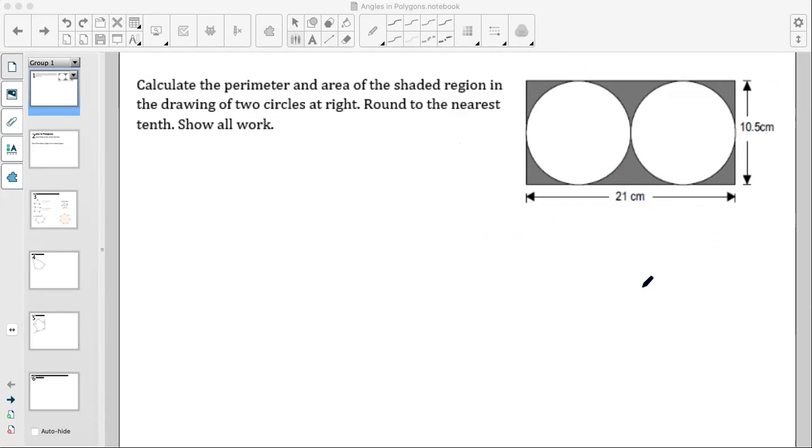And also in a rhombus, the diagonals bisect the angles, which means that like these two angles are equal, and that means that these two angles are also equal.